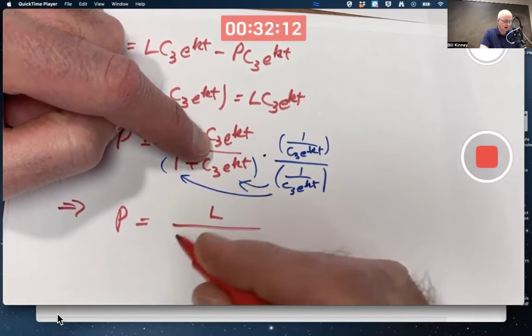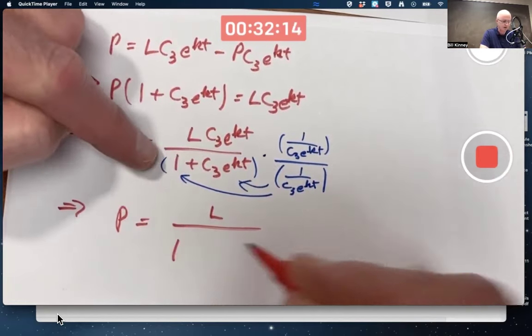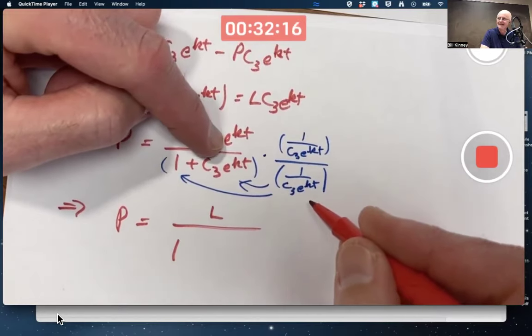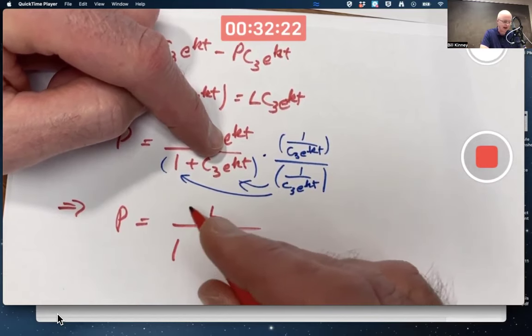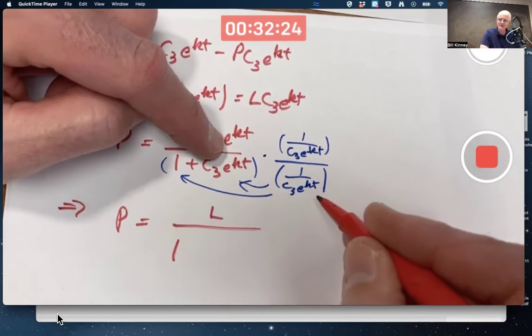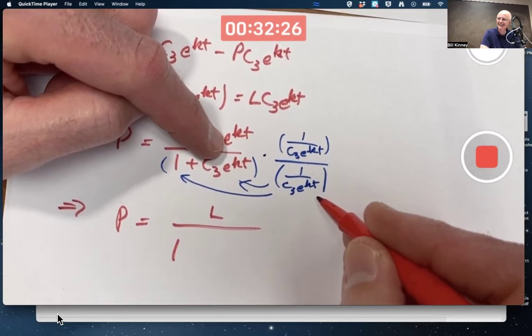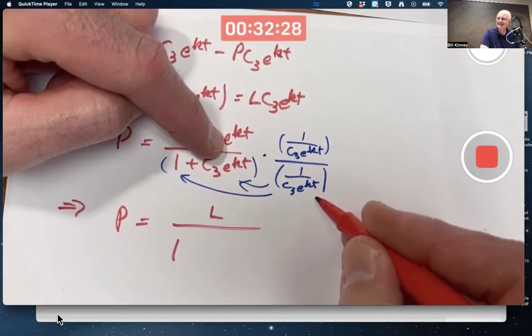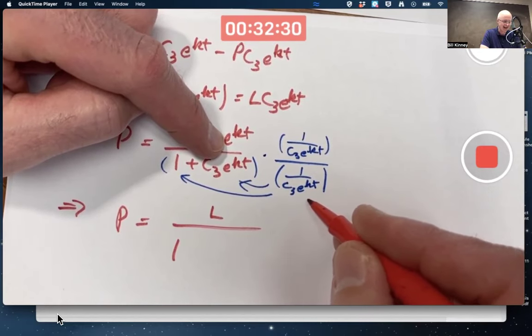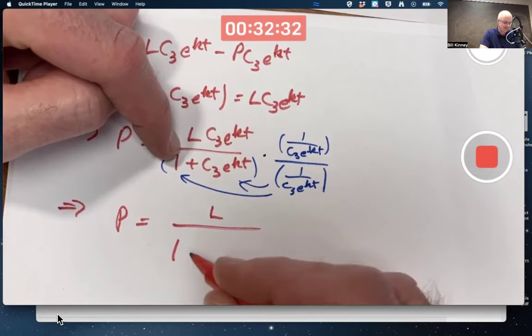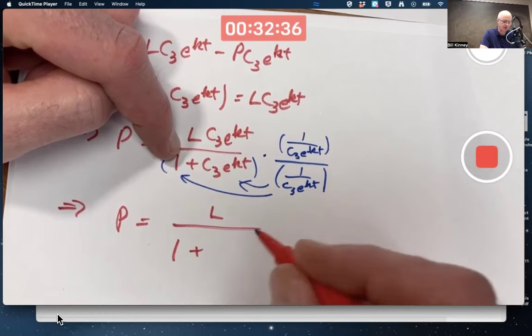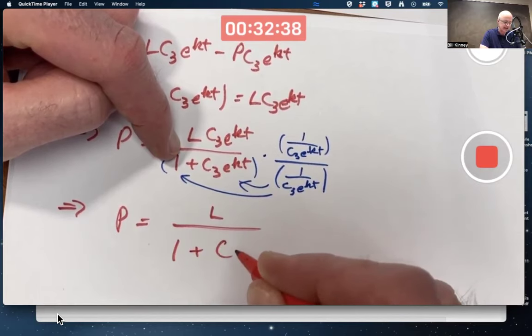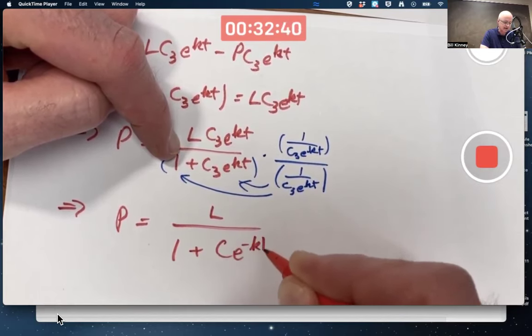So write another 1, but that's actually a different one than this one because it comes from something different. Yes, they're both 1, but I got this one from the product of those 2 things. And then with the product of these 2 things, yes, I could write it as 1 over C3 e to the KT, but it's more common to write it as just a plain old C e to the negative KT.